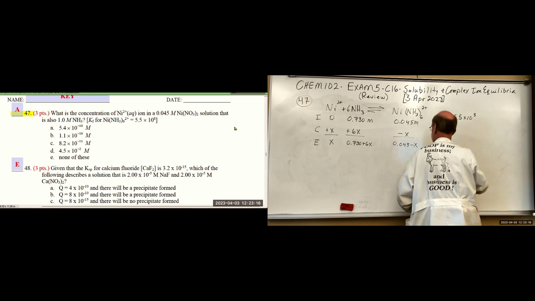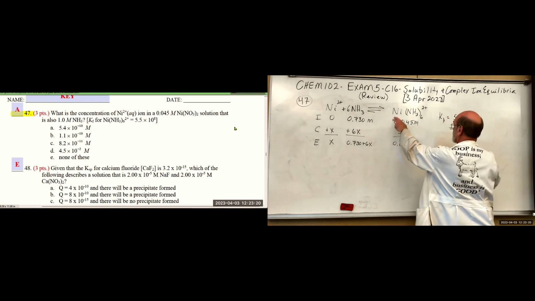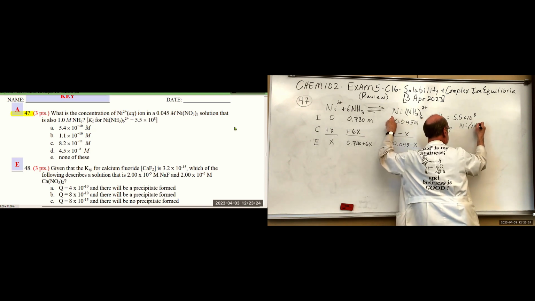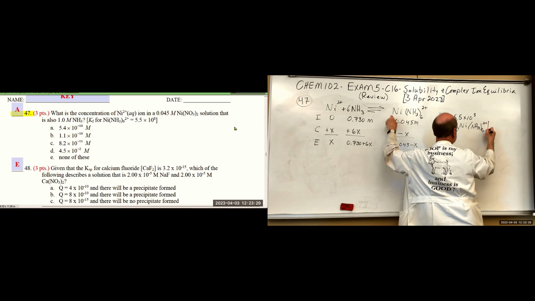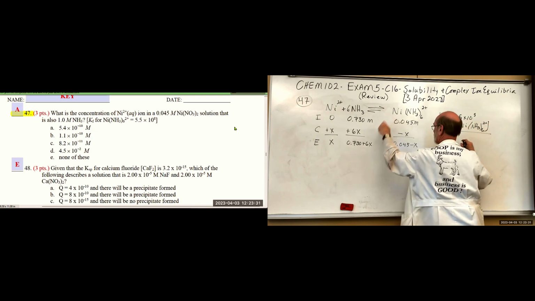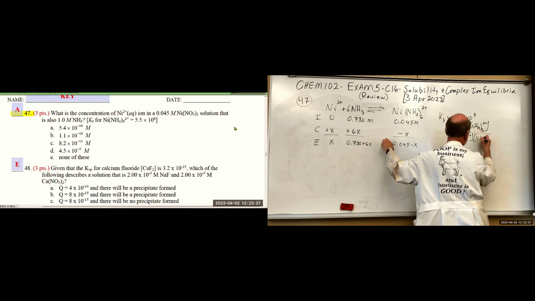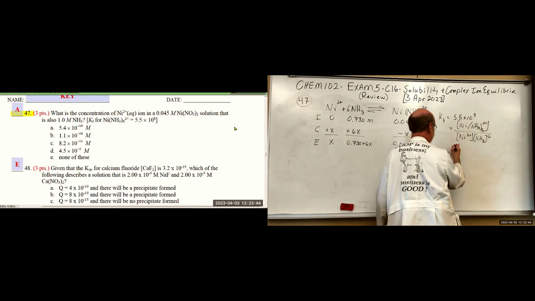Right? And the equation itself is nickel, ammonia, 6 of them, and 2 plus. And then in the denominator, we have nickel 2 plus ion, and we have ammonia to the 6th power. Okay?